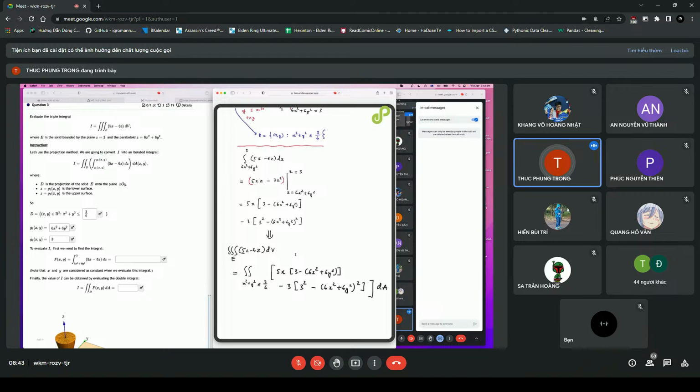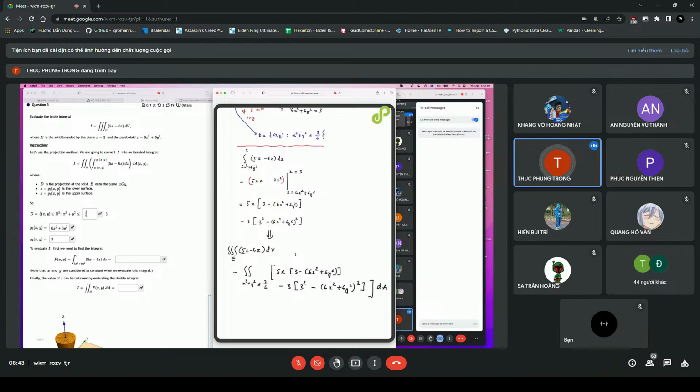So I can immediately arrive at this, because the first term disappears. And now polar coordinates right here, get the answer.